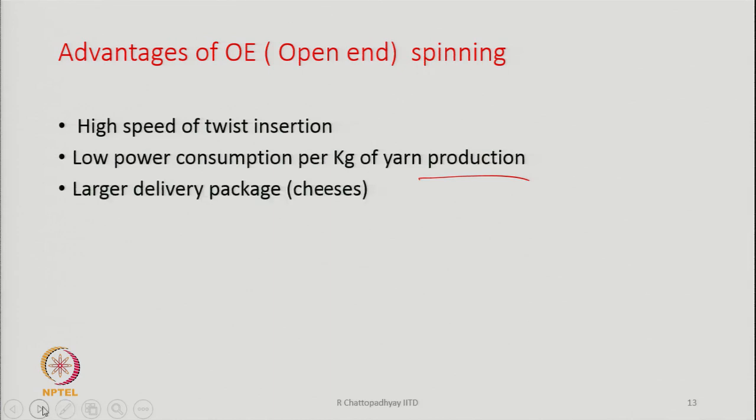Larger delivery package size. The package can be quite big, because in ring spinning the package size is limited, as the package has to stay within the balloon. If we want to have a big package, we have to increase the ring diameter. If we increase the ring diameter, the balloon tension will increase and the yarn will break, and also the number of rings that we can accommodate in a given length will be much less.